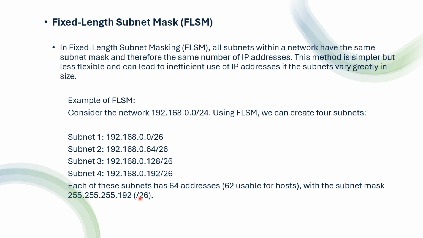Some changes have been made for the different subnets, and here the fixed length is due to the fact that all the virtual networks are considered to be of the same size. Okay, so the number of hosts in each virtual network would be the same.